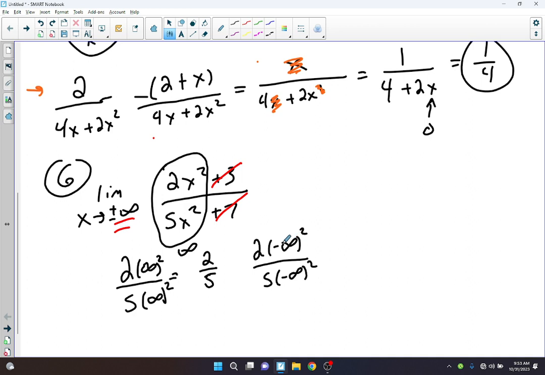In this scenario, negative infinity times negative infinity is positive, so it doesn't matter. And even if it mattered, they're both on top and bottom of each other, so they always cancel out to positive anyway. So it's also 2 over 5. So as the limit approaches both positive and negative infinity, you have a horizontal asymptote, which is what we used to call it before, and it's going to be 2 over 5, okay?